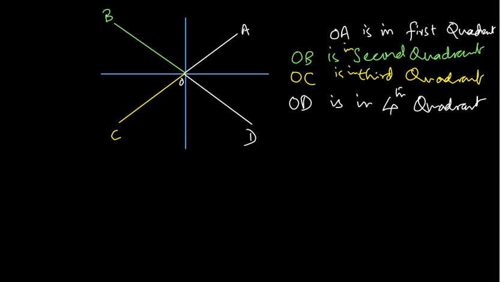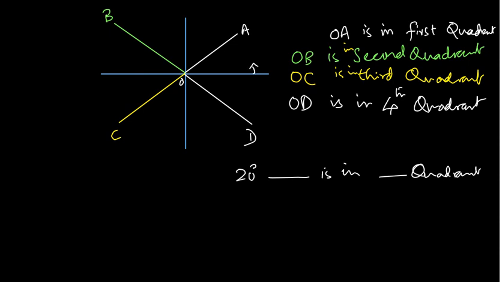Now let's look at an angle, for example, 20 degrees. Which quadrant is it in? So always we take angles from here.